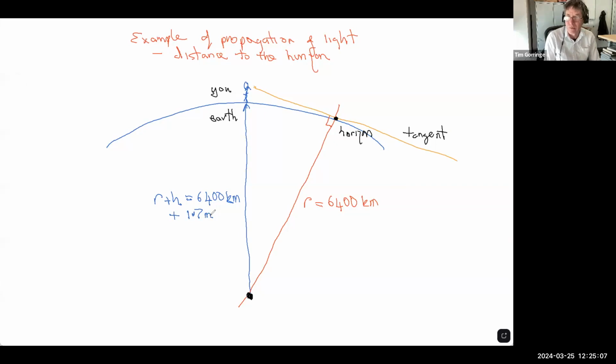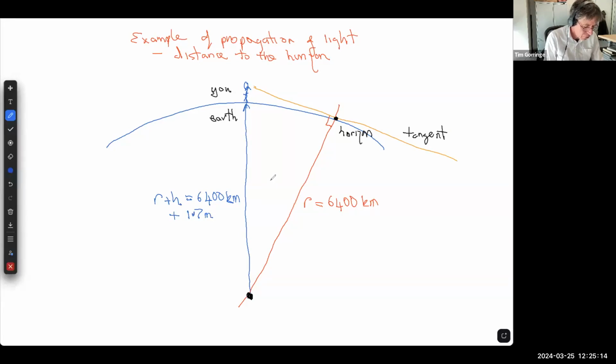That's the distance from my feet to my eyes. So these are the two lengths of these two sides of what actually is a right-angle triangle. You can see it here.